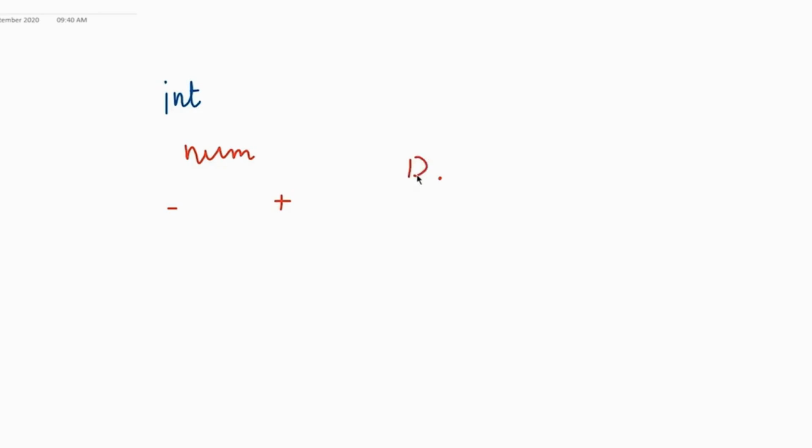So even something like 12.0 is not an integer, and this is something else which we will discuss later. Some examples of integers are 0, 1, 2, -12, 34, etc. These are all integers, but anything with a decimal point becomes a float, and that is what we will be talking about next.